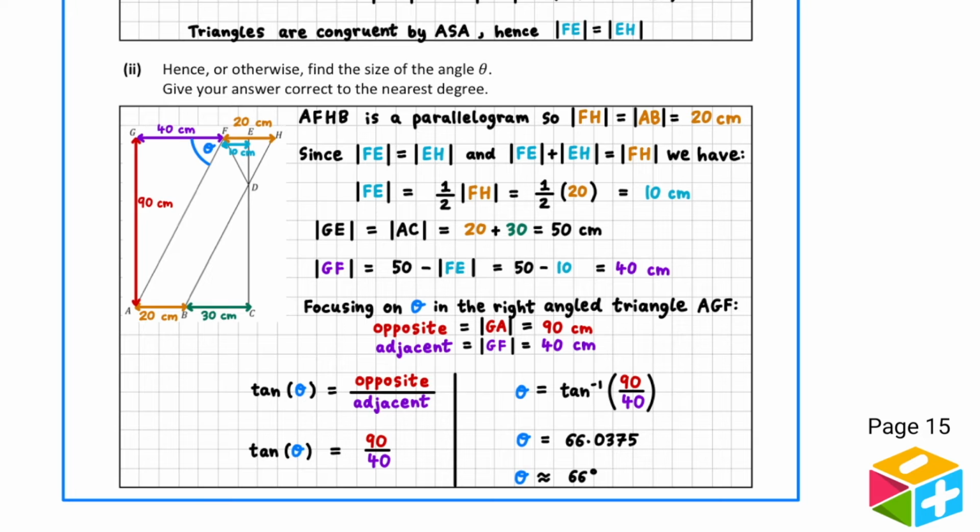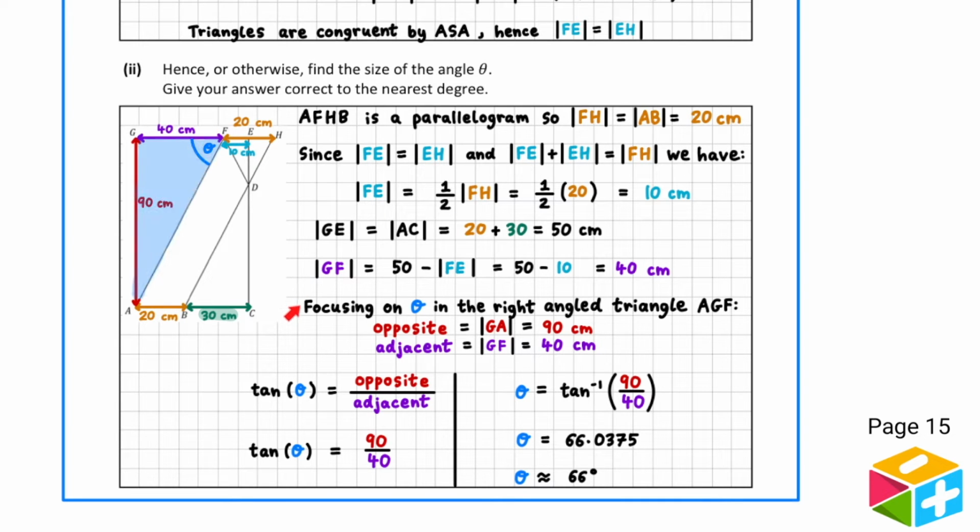Focusing on the original rectangle, the bottom side, AC, has a length of 20 plus 30, which is 50 centimetres. It follows that the top side, GE, must also be 50 centimetres. Since FE is 10 centimetres long, there's 40 centimetres left over for GF.